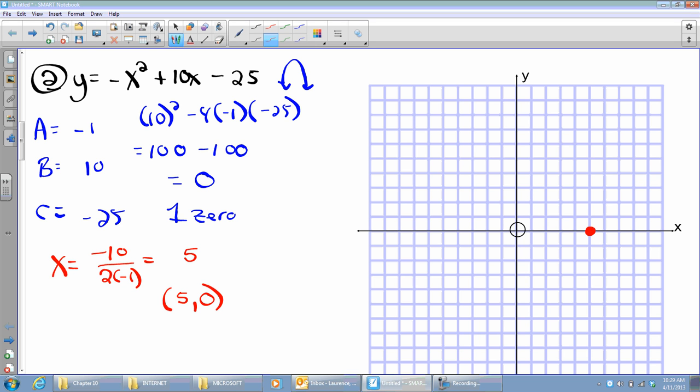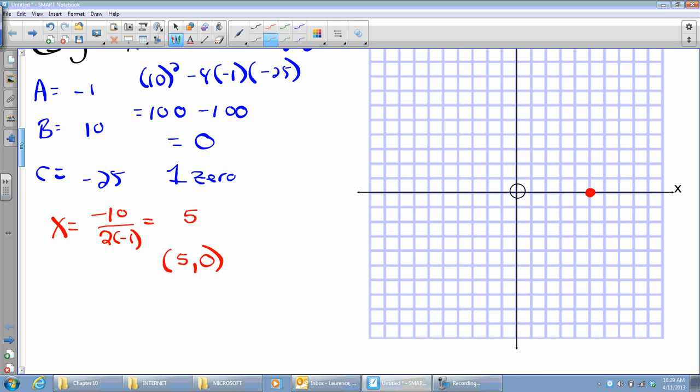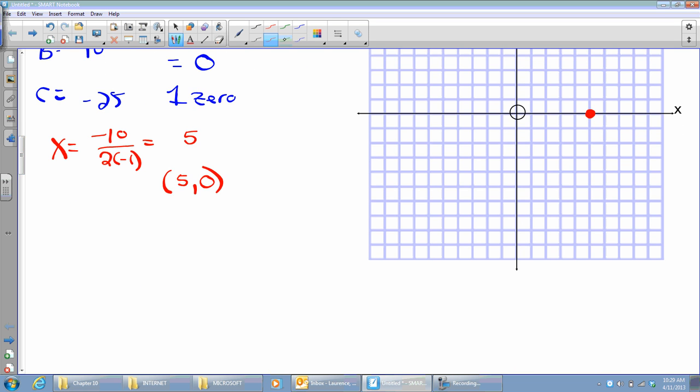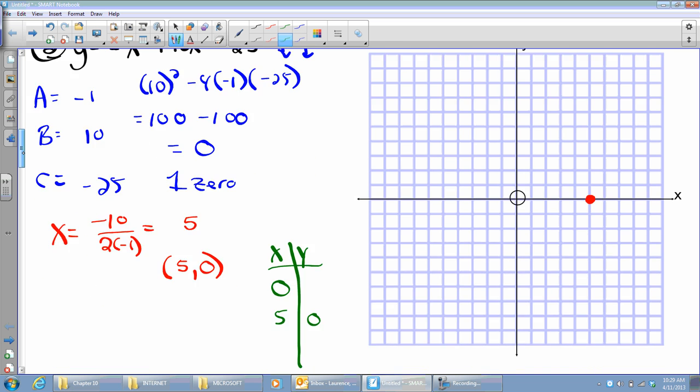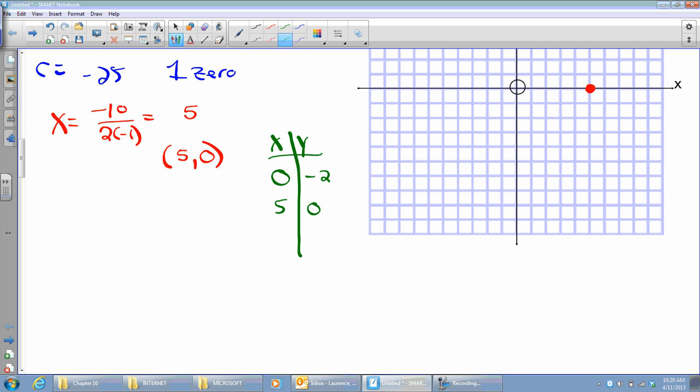Now I know it's opening downward, so I'm going to have to find 2 points kind of below it. So at this point, I'll go to a t-table, and I know that 5, 0 is in my t-table. Well, I'm going to plug 0 in for x, because it'll make the math real easy. And it looks like I'm going to get -25 when I do that.